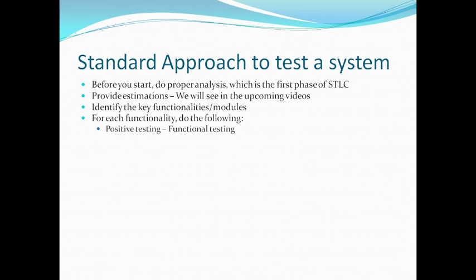For each functionality, we have to test all the positive scenarios, for registration and login. The context is, when we get a software, we have identified that it has two modules, registration and login. So enter all the positive values that the system requires and then register.